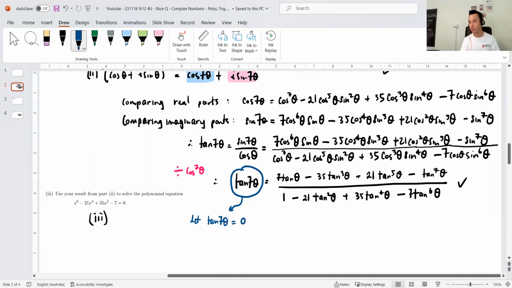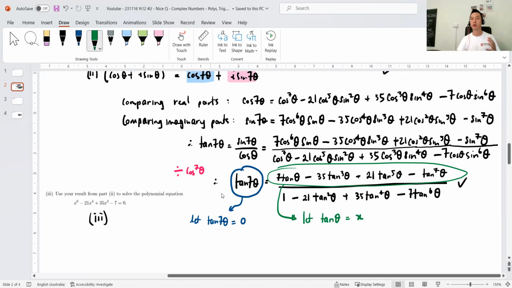Why is that cool? Because the denominator multiplies with 0 and goes away. And then on this side, I'm going to let tan theta equal to x.